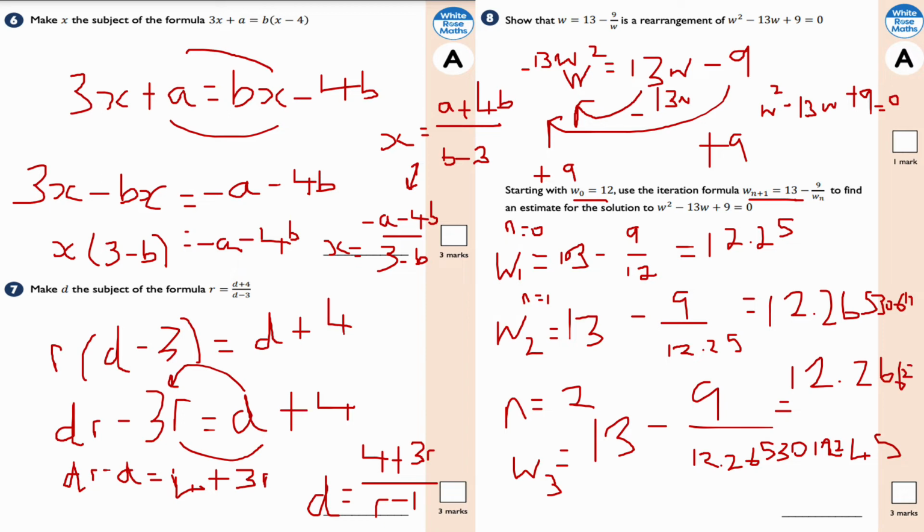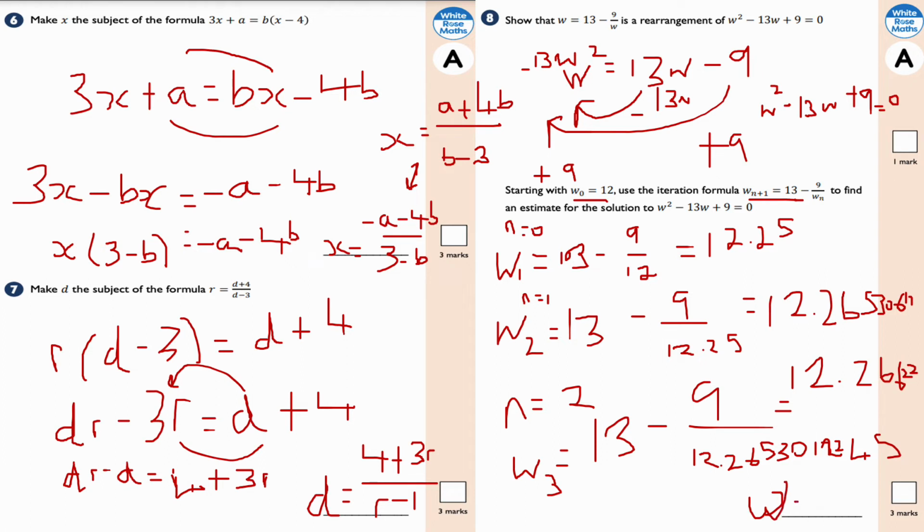12.2662. So I can start to see that it's going to be in between this. If I just carry on and do one more: 13 minus 9 divided by 12.26222. It's getting closer and closer.